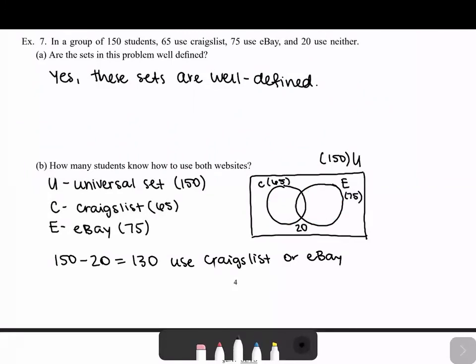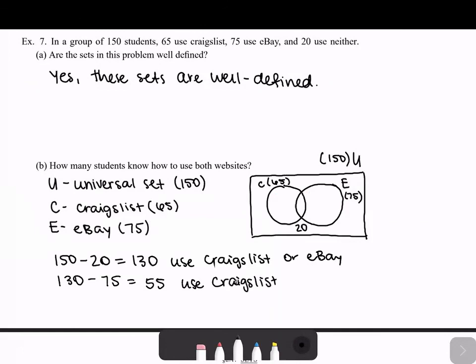So now we can pick one of them. So let's say I want to know how many students use Craigslist. So I'm going to take the 130 that use Craigslist or eBay, and I'm going to subtract out the students that use eBay, right? I just want to focus on the students who use Craigslist, so I'm going to subtract that out, and I'm going to get 55 students who just use Craigslist, who are not part of the 75 who use eBay.